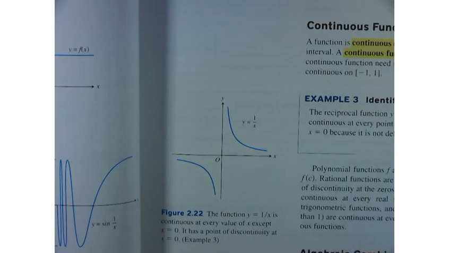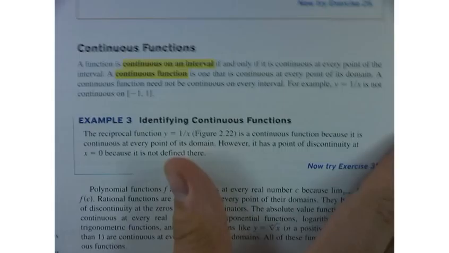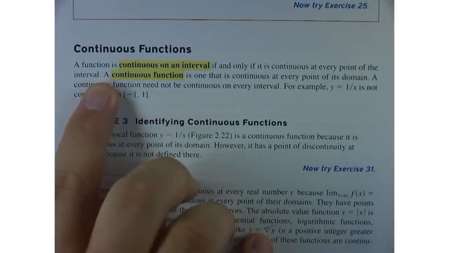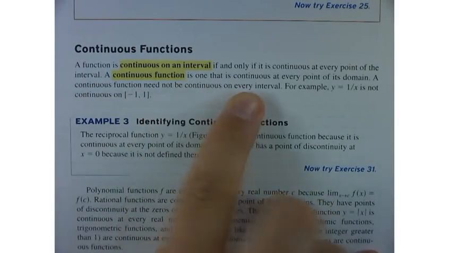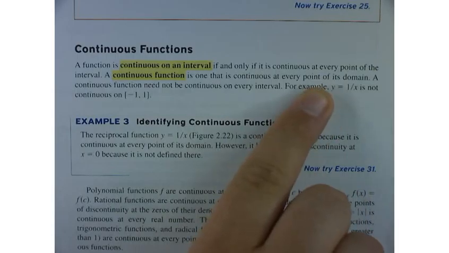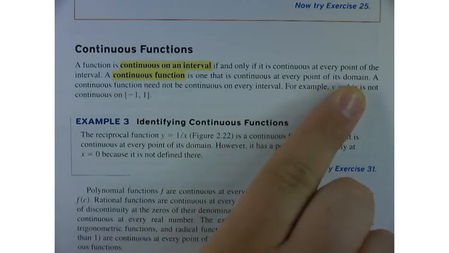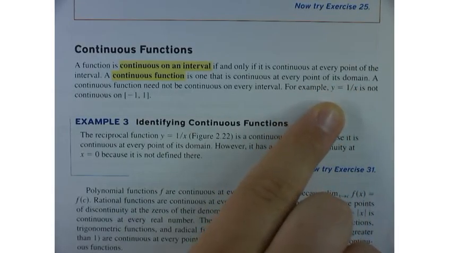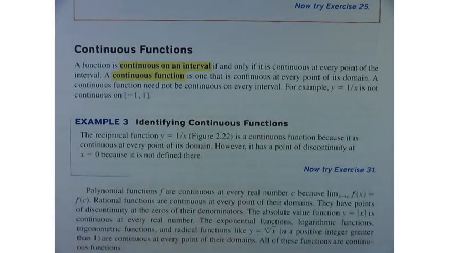Well, a continuous function, let's look at the definition. It's kind of a semantic thing, but it says a continuous function is one that is continuous at every point of its domain. What is the domain of y equals 1 over x? All real numbers except x equals 0.